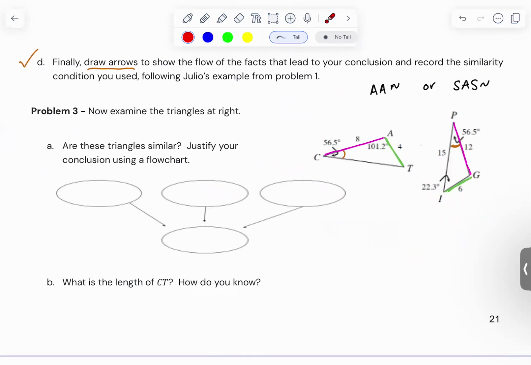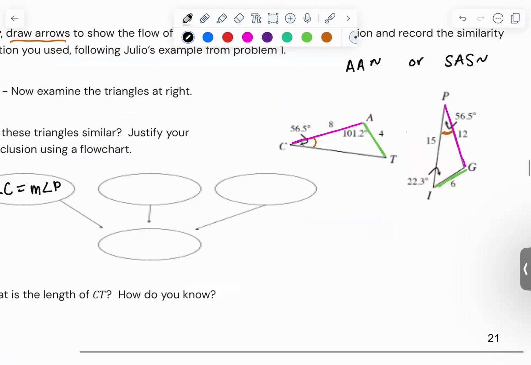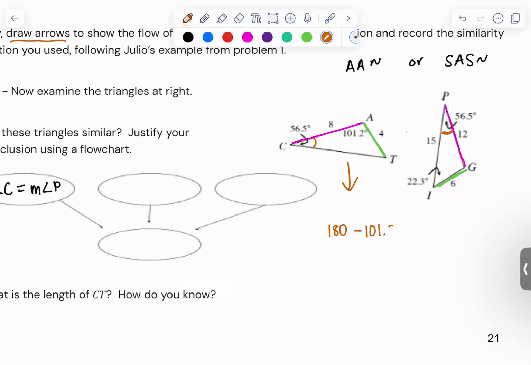Okay, so the fact for sure is that the measure of angle C equals the measure of angle P. Now I can find my missing angle measure using triangle sum theorem. So I'm going to do 180 minus 101.2 minus 56.5. And when I do that, I do get 22.3.